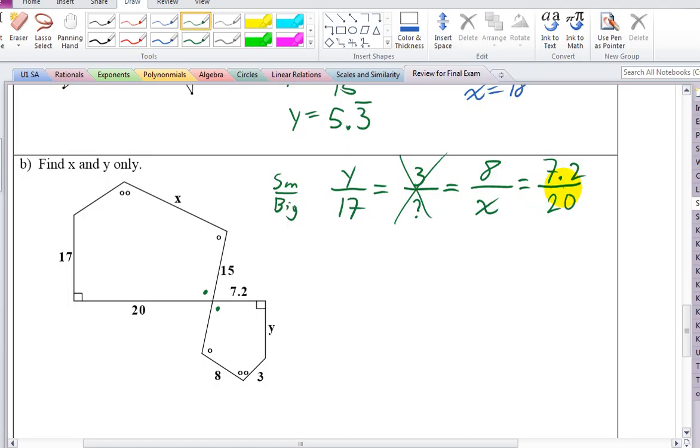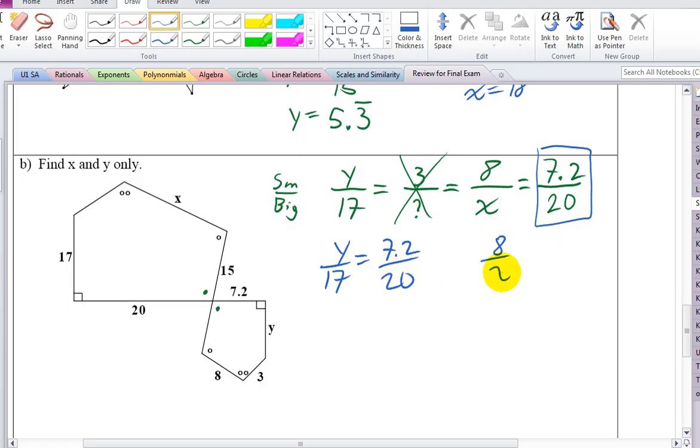Okay, so this one is the special one because both of these unknowns need that fraction. So we have y over 17 equals 7.2 over 20, and 8 over x equals 7.2 over 20. Okay.